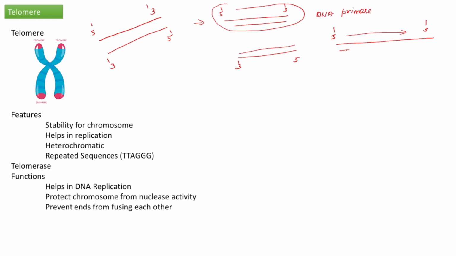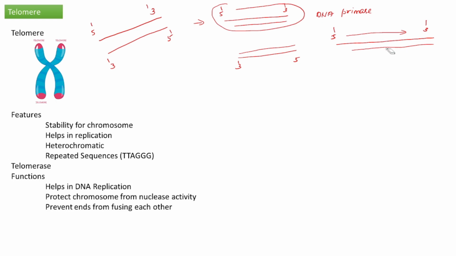DNA primase adds this primer strand, and in continuation of this primer strand, further nucleotides are added and the new daughter strand is forming. When the replication is finished, this primer strand is removed. This is the basic simple process of DNA replication.